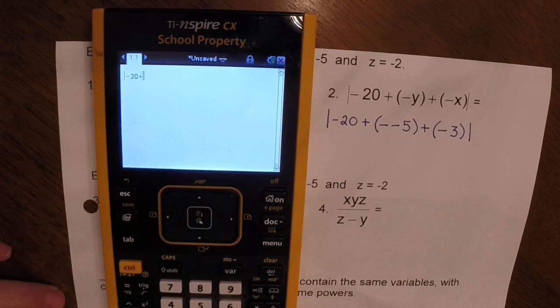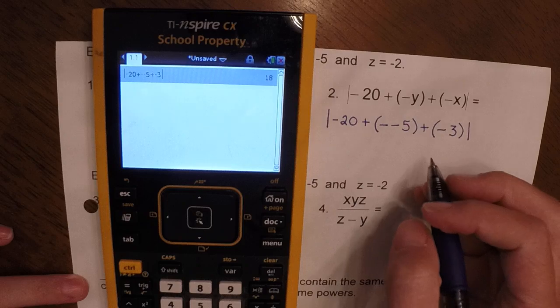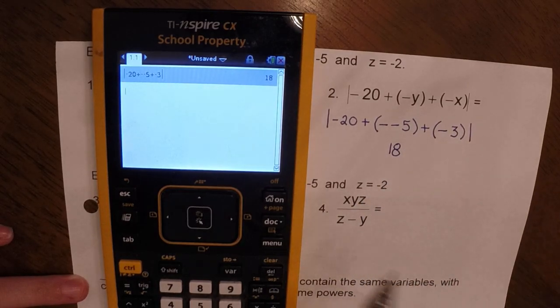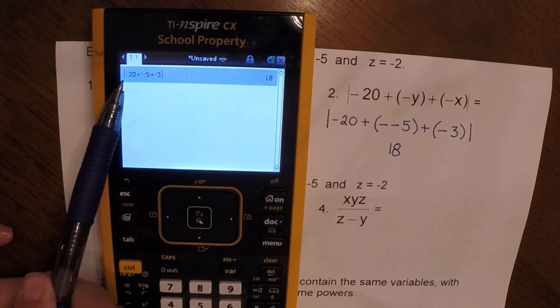Then I put plus, parenthesis, minus, -5, close parenthesis, plus, parenthesis, -3, close parenthesis, and then I can go ahead and press enter. When I do, it says that the answer is 18. What I want you to notice is that it changed this to a negative.